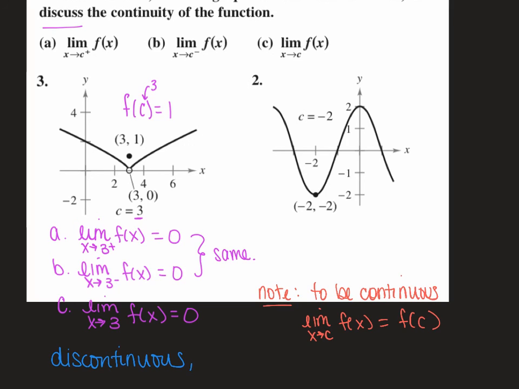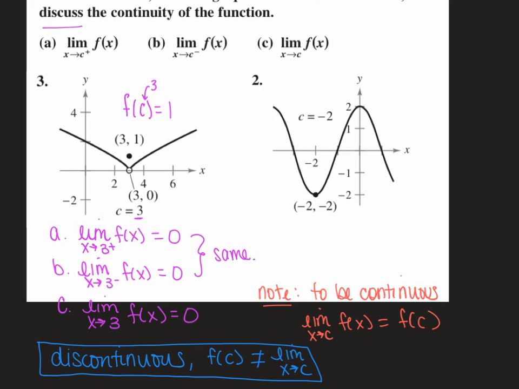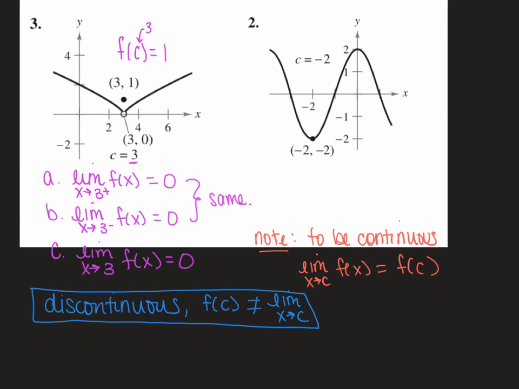And it's discontinuous because f of c does not equal the limit as x approaches c. So you always want to explain why it is not continuous. So ours is not continuous because f of c does not equal the limit at c. So this we could also classify as a removable discontinuity.